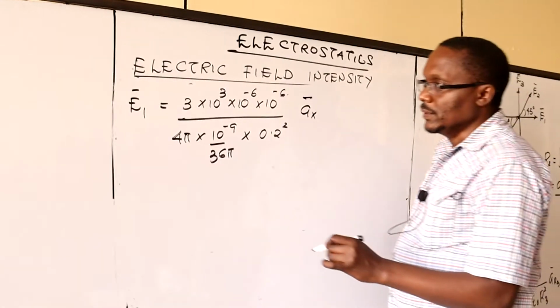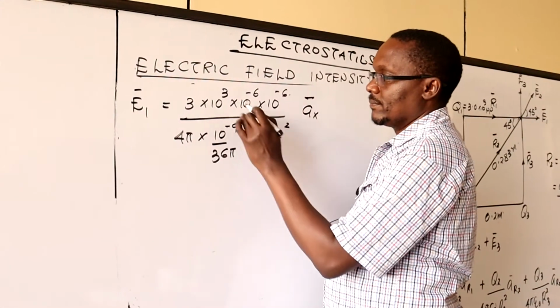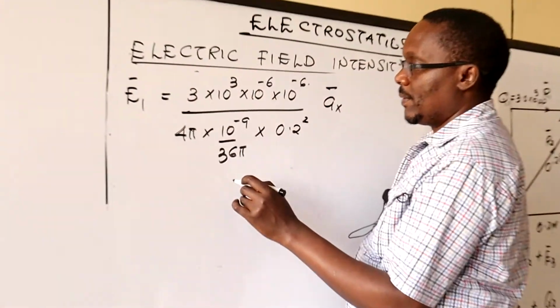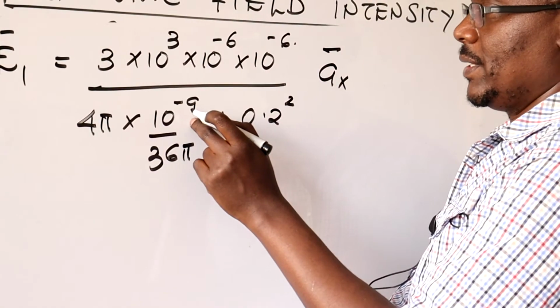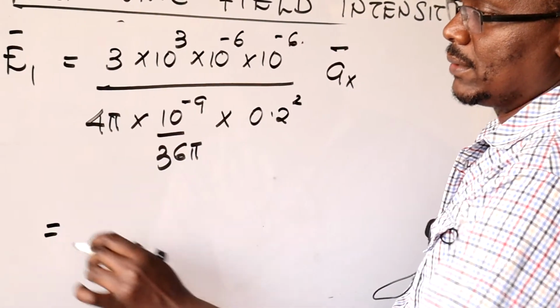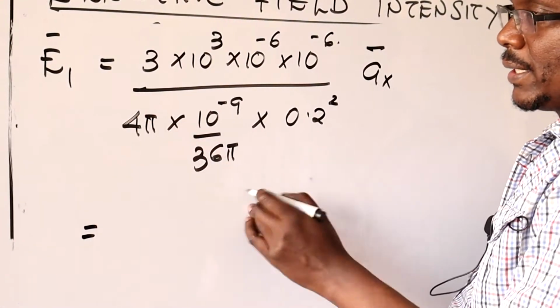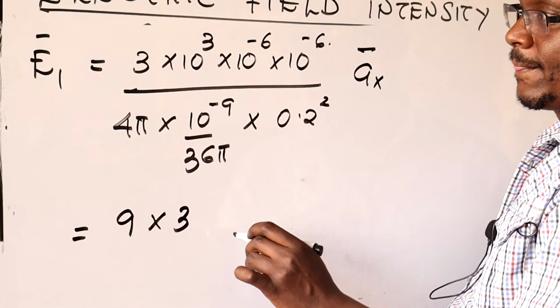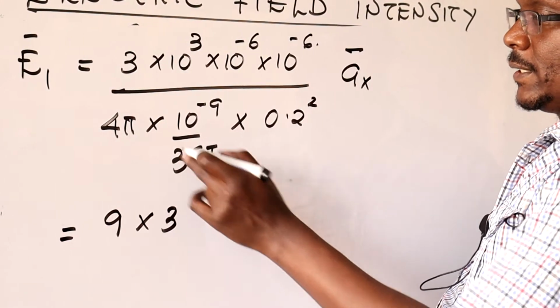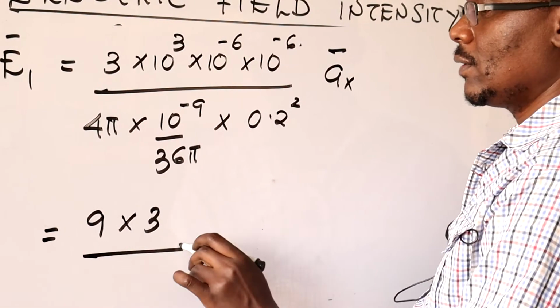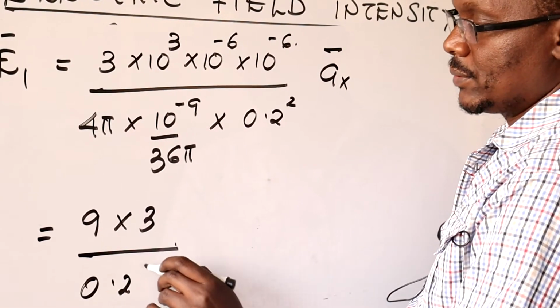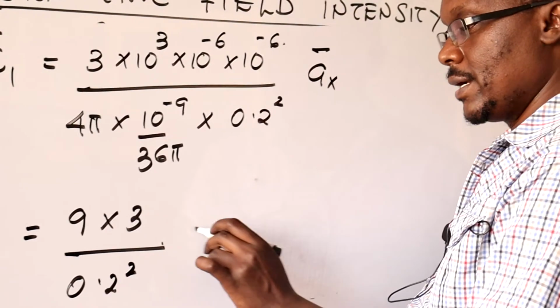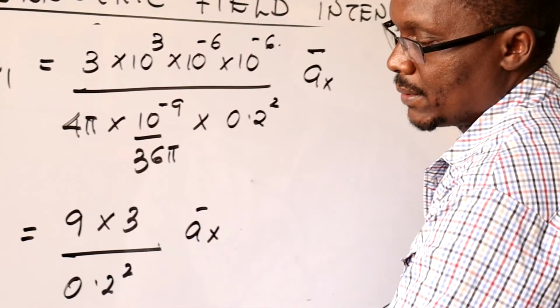So if we simplify that, I'll have 10 to power negative 9, another 10 to power negative 9, so they will cancel. Then I'll have 9 times 3 all over 0.2 squared AX bar.